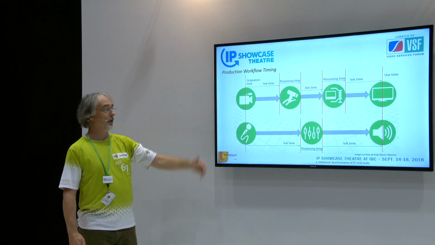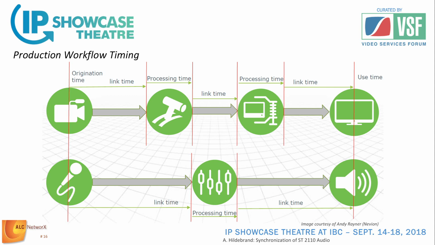Now, we also have an audio stream coming from a microphone, let's say. Link time, processing time inside a mixer, and then there's a point in time we want to play out that audio. And of course we want to play out that audio in correlation with the video.